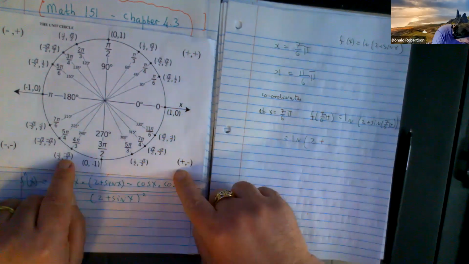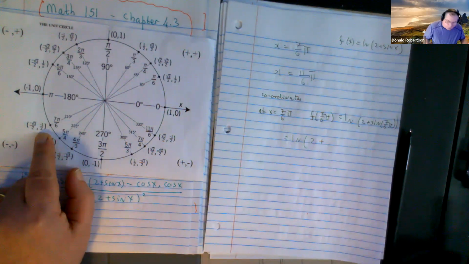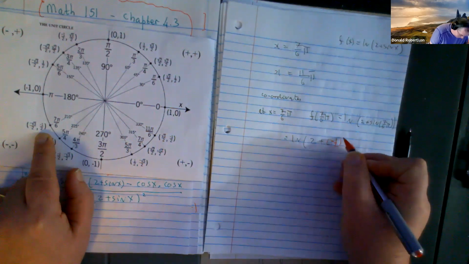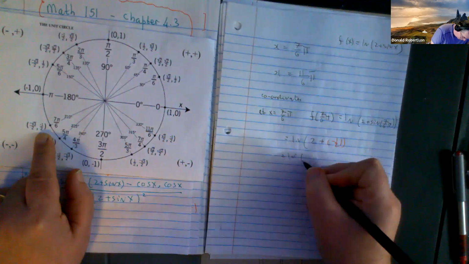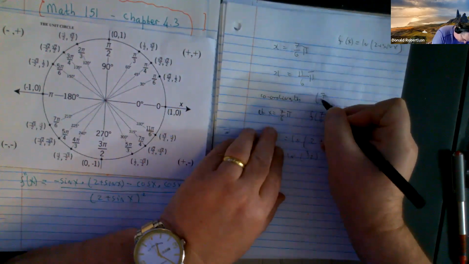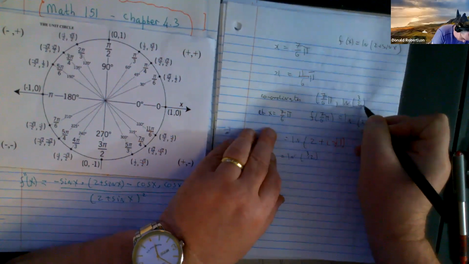If I find 7π/6, which I know is floating around here, here it is, isn't the sine the y-coordinate? So it's that guy. And that guy becomes the natural log of 3/2. So the first one is 7π/6, the natural log of 3/2.